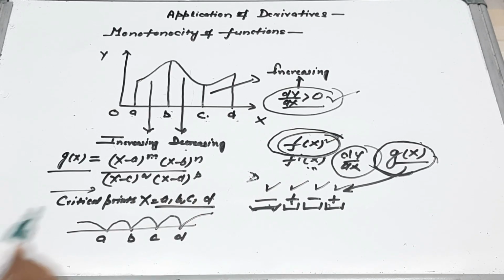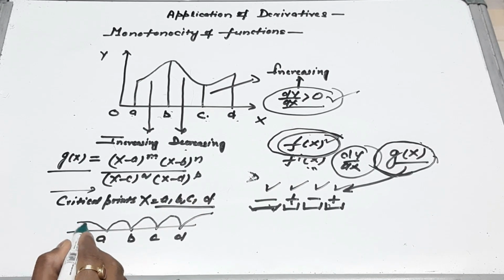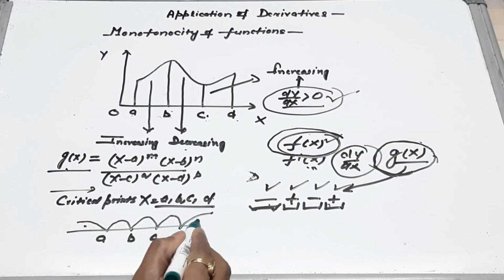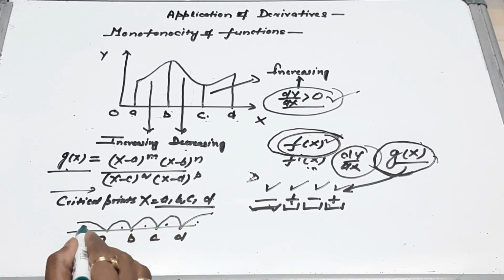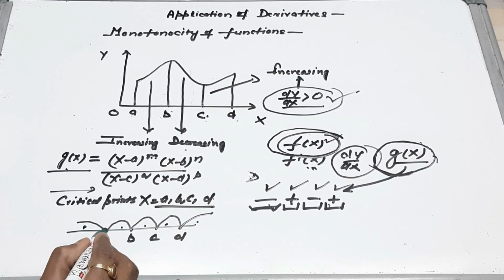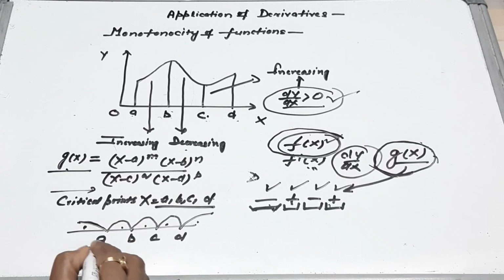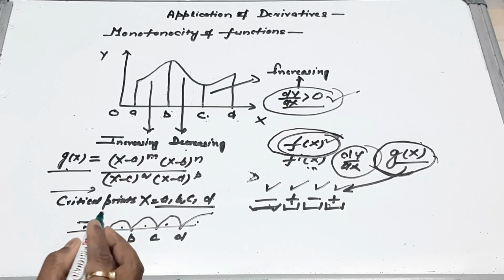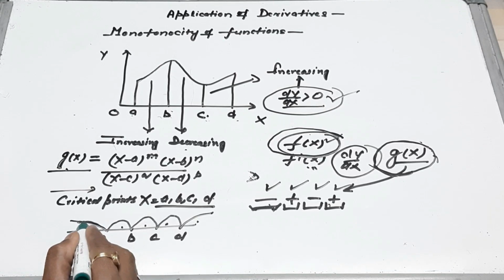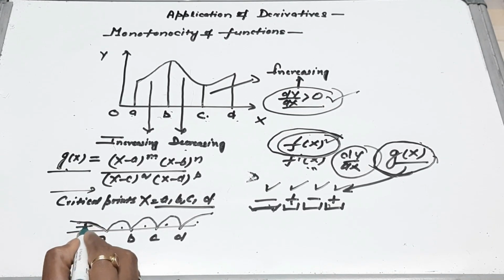Correct? Now what you have to do? You have to check the sign of g(x) in any one of these intervals. This is our choice where we will check. So if we check in this interval, means less than a, if x is less than a, what is the sign? We only have to check the sign of function g(x). Suppose it comes positive, so we will put positive here.